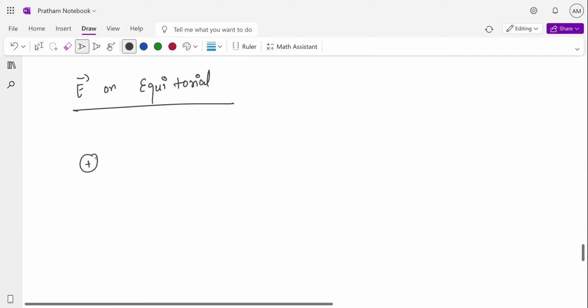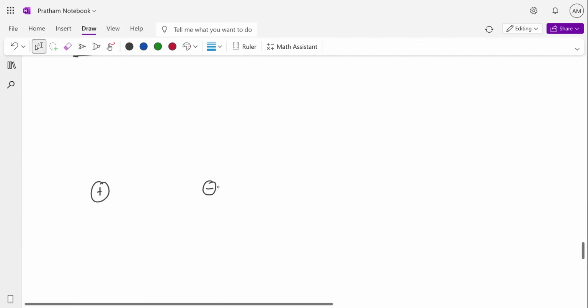If it is a positive charge and a negative charge, and I go some distance, these are your charges. I can say it is a Q, it is a minus Q. This is the line joining them, so I know this is my L.